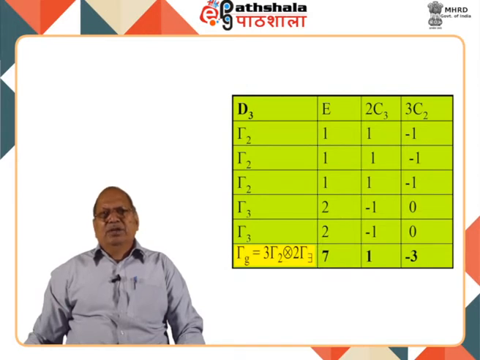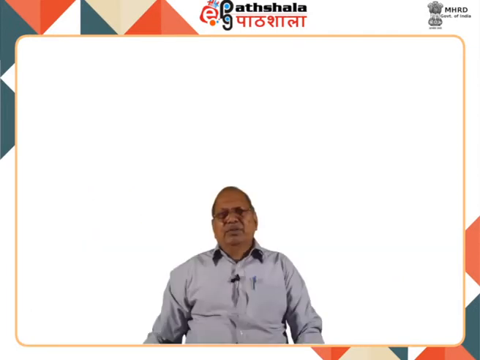If we add together, we get the characters 7, 1, minus 3. Thus, column addition gives the character of the tau z reducible representation. That is, by using this equation 1, we can reduce the reducible representation of any finite point group.